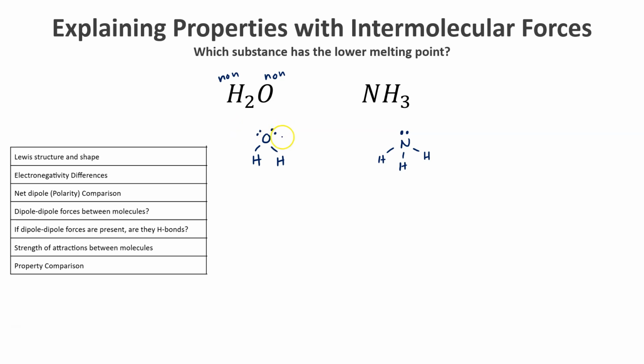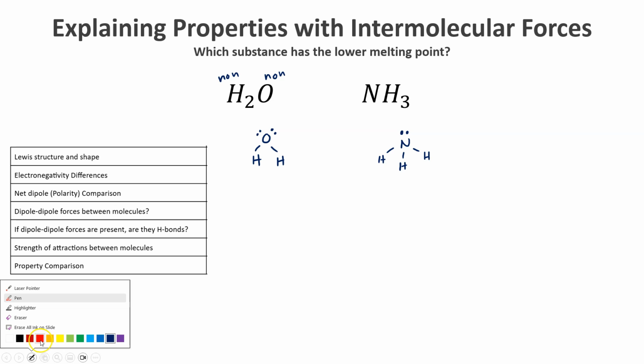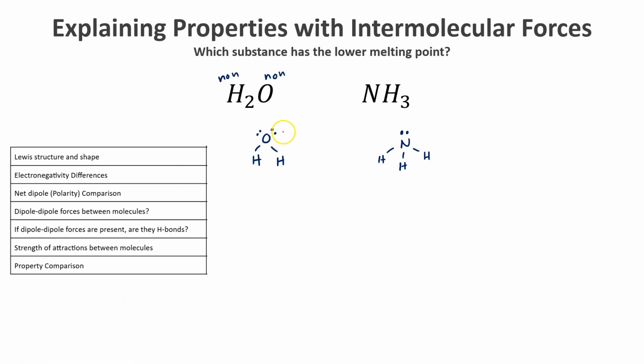The next step is to check the electronegativity differences between your atoms, right? You basically want to see, okay, we've got these bonds in these molecules. Are those bonds polar, and how polar are they? You could look up these numbers if you want to. I believe oxygen is like a 3.5, and I'm just going from memory on that, so I might be a little bit off.